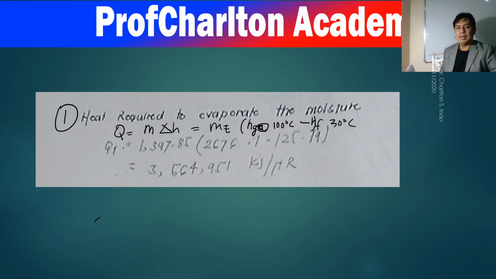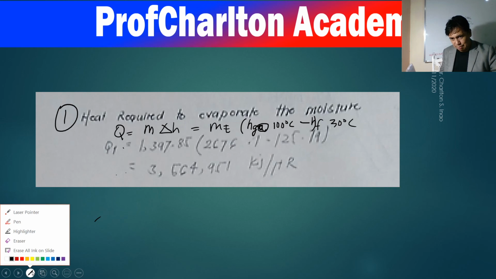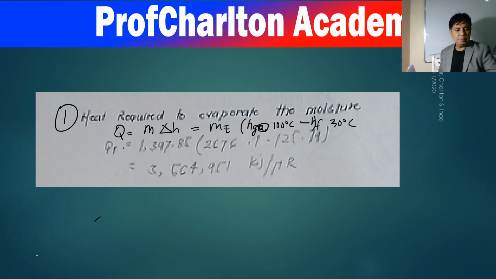Let me repeat that. So we will use a pen that is more striking in color. Q1 refers to the heat that is required to evaporate that amount of water.